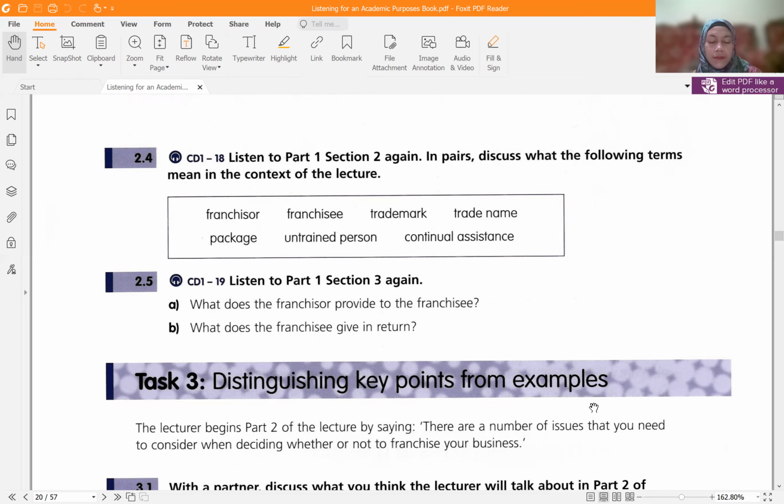Exercise 2.5. Listen to Part 1, Section 3 again and answer the following questions. Section 3. So, for example, if you own a group of successful fast food restaurants trading under the same name, you may decide to run your business as a franchise. You would allow other business people to open their own branches of the fast food chain using your trademark. And in fact, you would probably supply a lot of the signage and materials necessary to maintain a uniform brand.